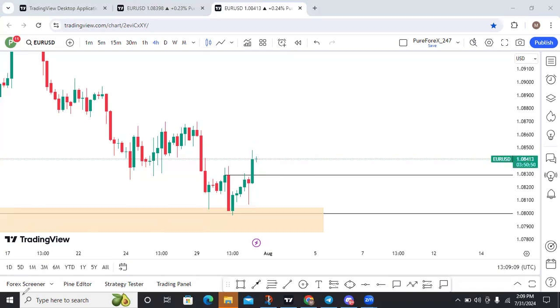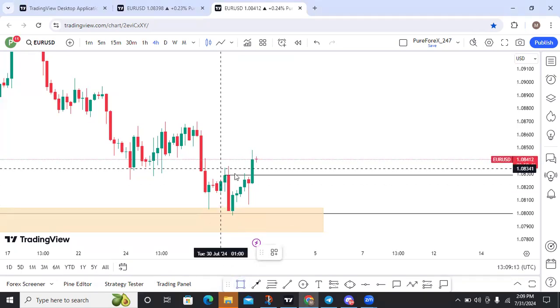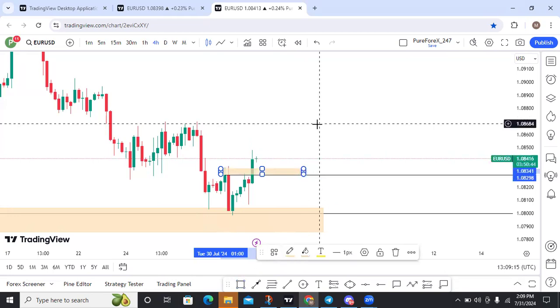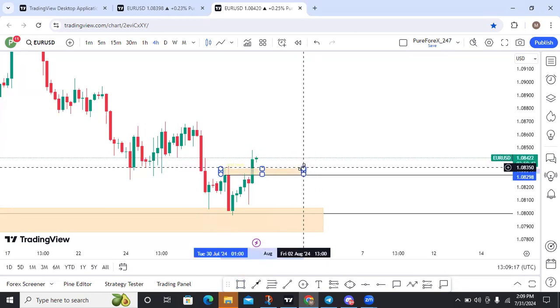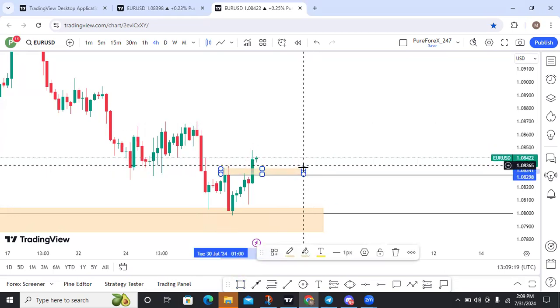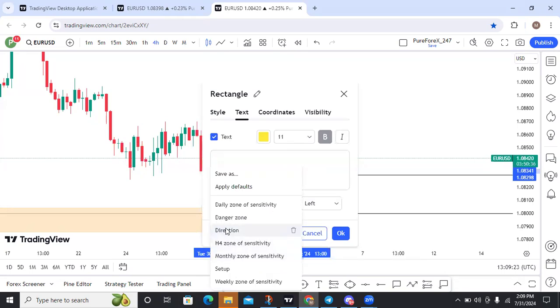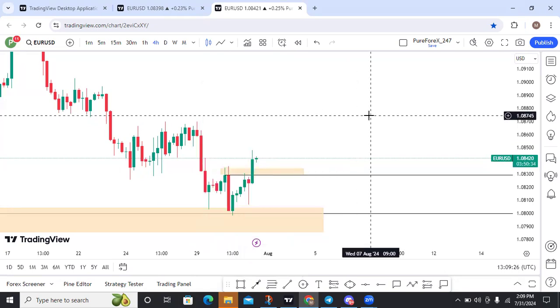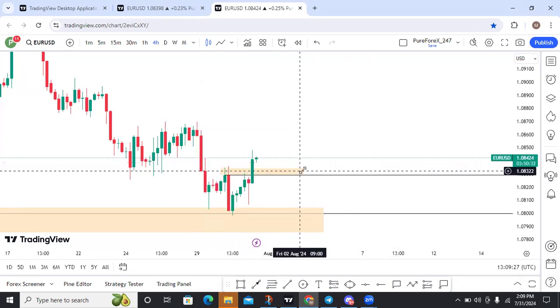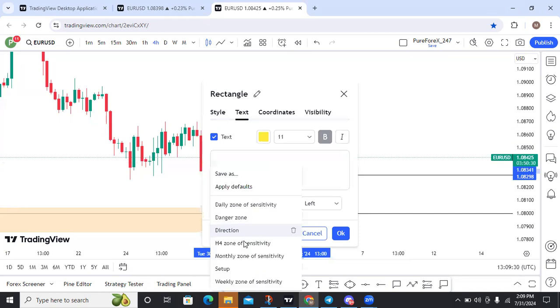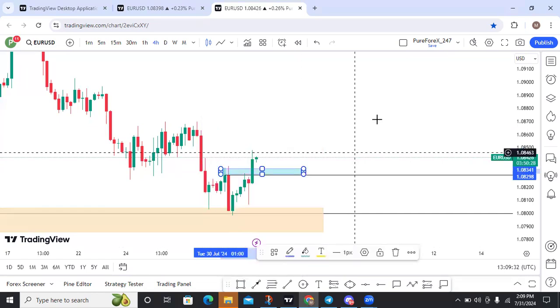Because I'm waiting for a confirmation. Remember, in each of our setups, we need a confirmation. So if we are looking at this as a blind spot, because the market is currently creating this blind spot, you just have to exercise patience for things to go the way you want them to, in line with your strategy.